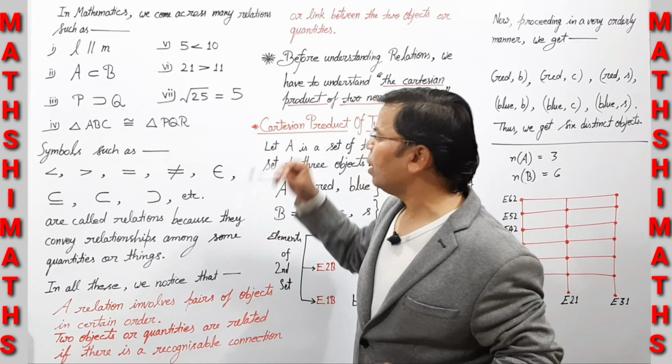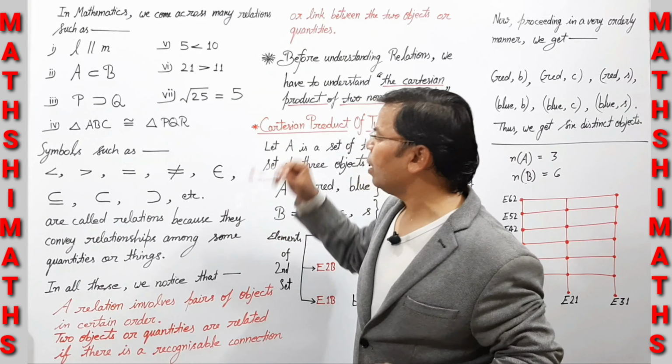In all these examples, we notice that a relation involves pairs of objects in certain order. Two objects or quantities are related if there is a recognizable connection or link between the two objects or quantities.